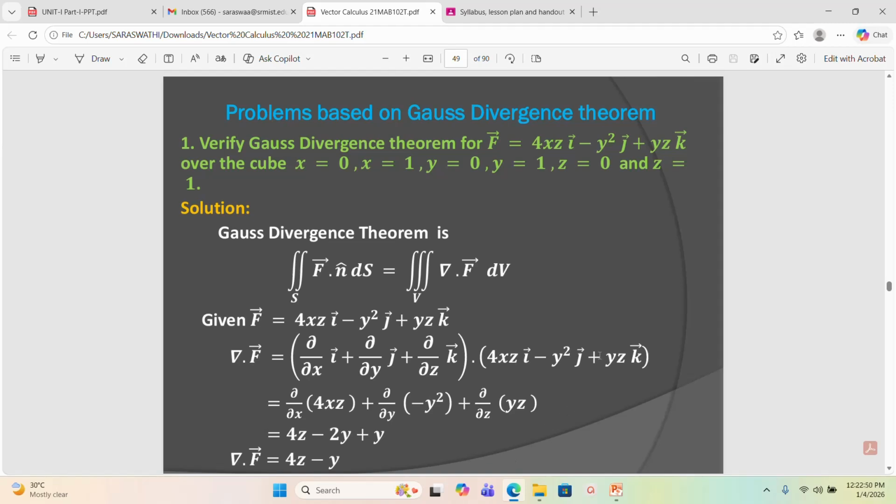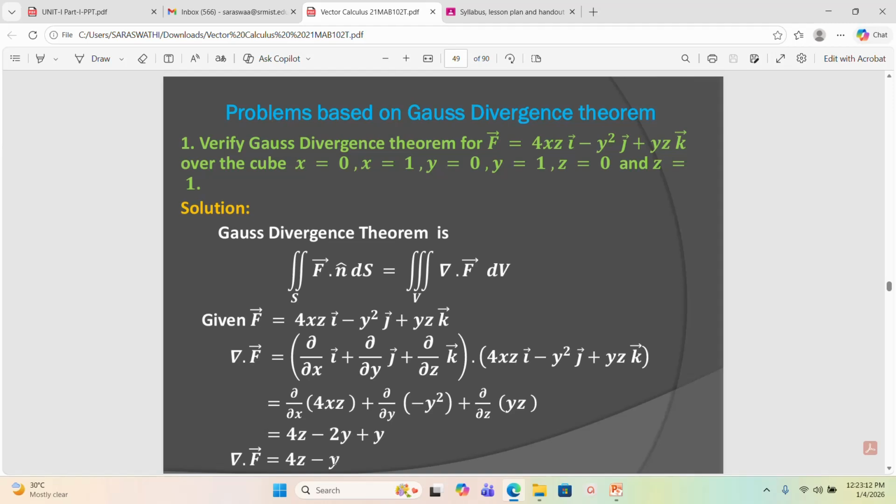So differentiate partially with respect to x, y and z. Differentiating 4xz partially with respect to x gives 4z. Differentiating minus y square partially with respect to y gives minus 2y. Differentiating yz partially with respect to z gives y. So minus 2y plus y is equal to minus y.